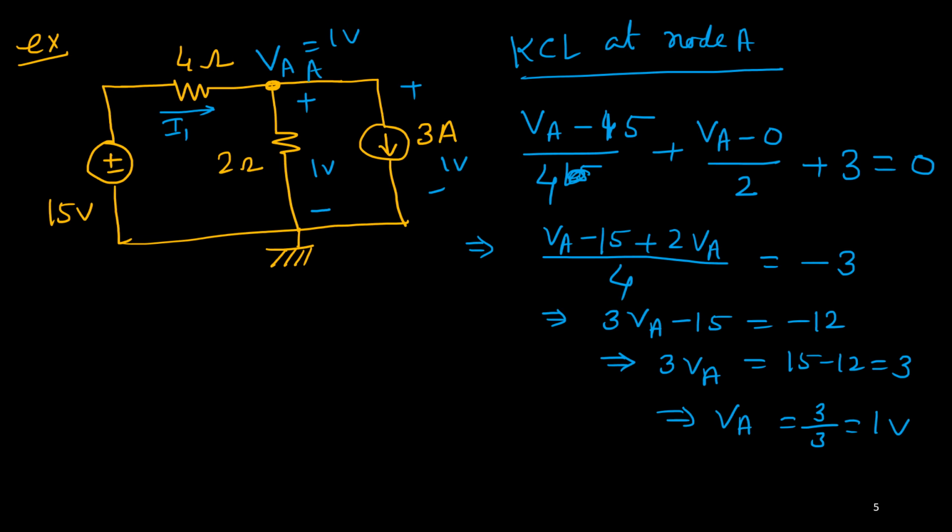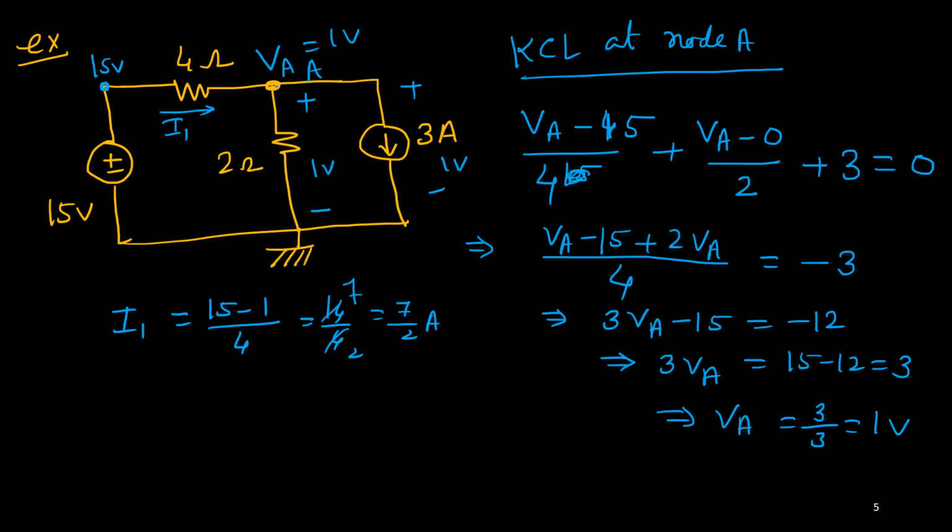I1 is very simple. This node potential is 15 volt and this node potential is 1. So (15 minus 1) by 4 is the current flowing from left to right. That means 14 by 4, it is 7 upon 2 ampere.